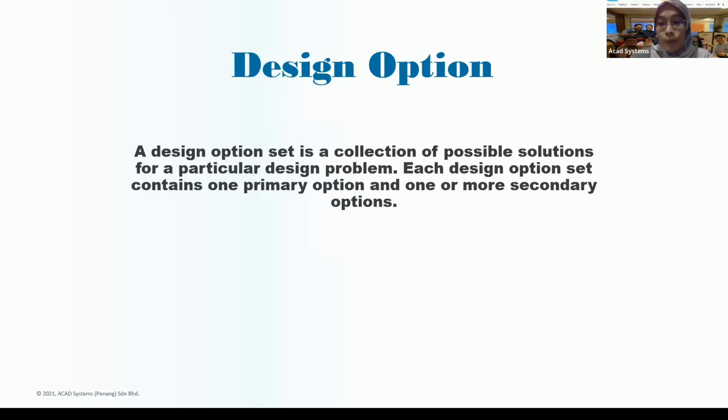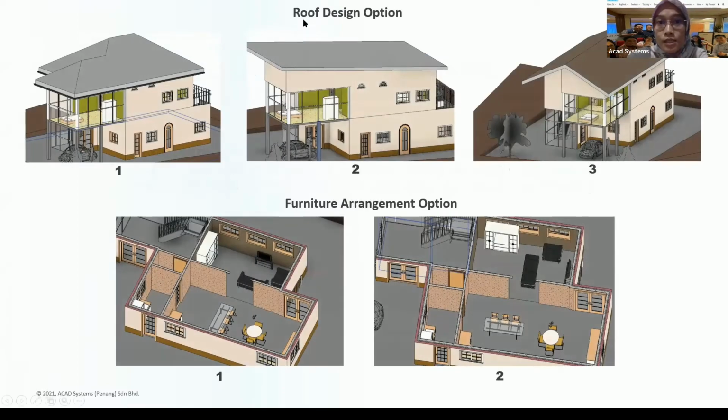So this is what you can do in your Revit using design option. For instance, you have these three options for the roof and want to see which is more suitable for your building. You can create these three roofs in design option before making the end decision on which roof you will go for.